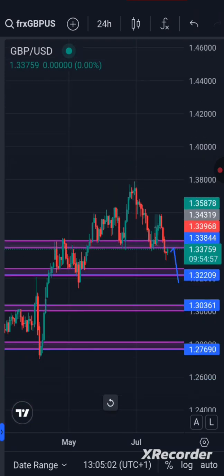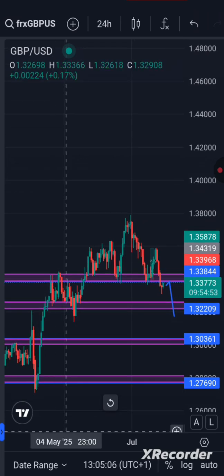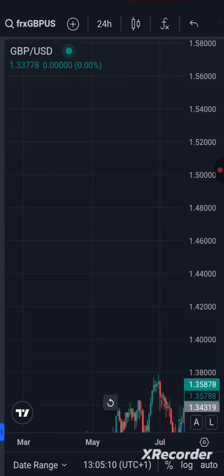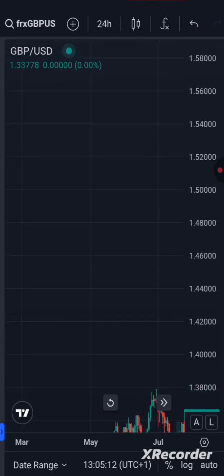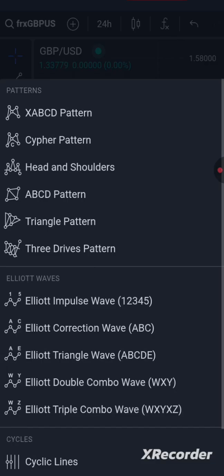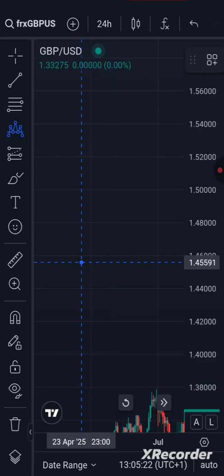So I'll be showing you a head and shoulder chart pattern. I'm going to create mine and show you an example of that head and shoulder on the chart. As you can see, head and shoulder, you can see it there perfectly.